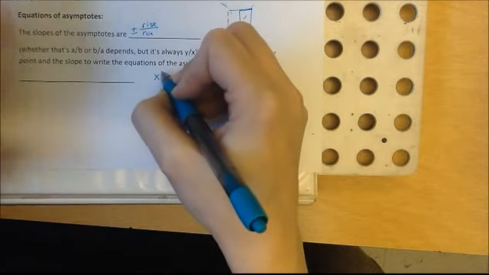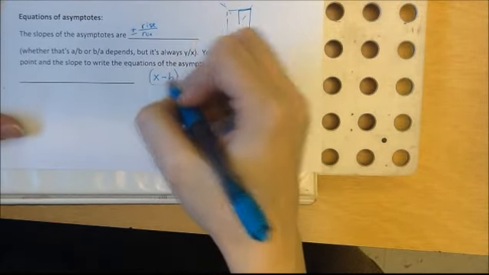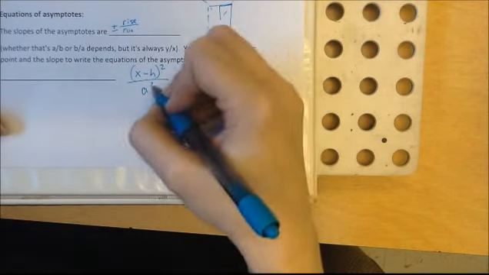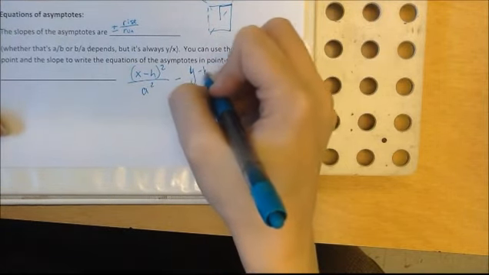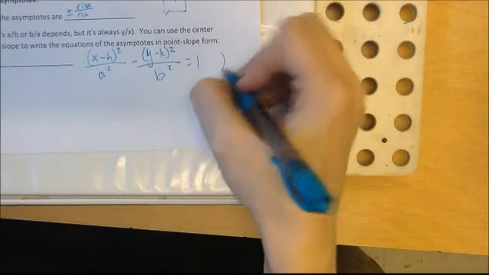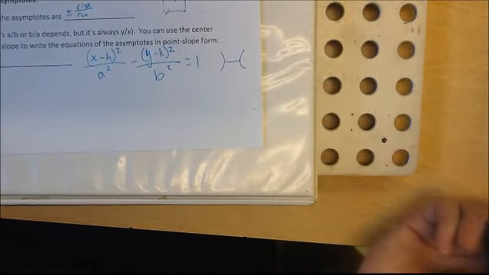So here are your general form equations. This would be a horizontal hyperbola, right?